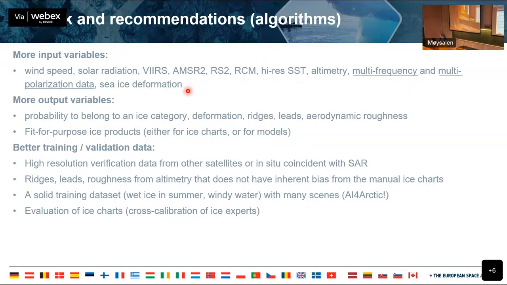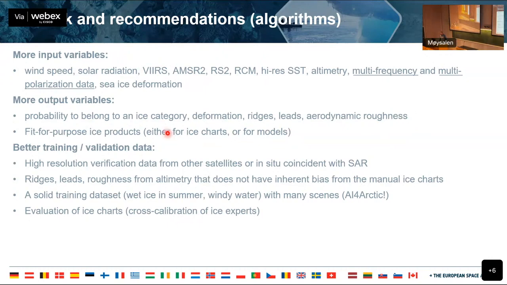It is also recommended to provide more output variables: probability to belong to an ice category, or uncertainty in a way, to derive deformation, ridges, and leads. And I would call also ice thickness distribution here. That can be also used for assessing aerodynamic roughness that is needed for the models.